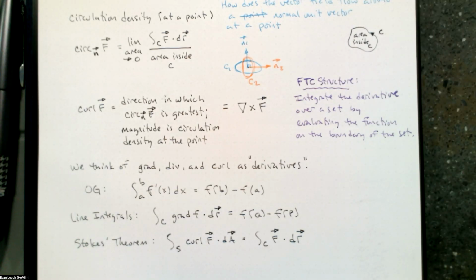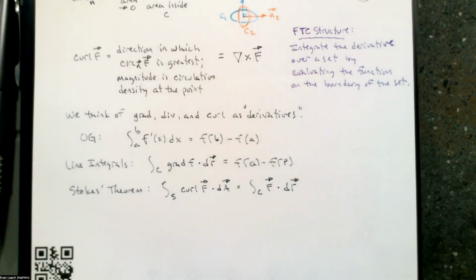We didn't talk completely about the setup for Stokes' theorem. But C is going to be the boundary of some surface S, just like P and Q are going to be the endpoints of some curve C, just like A and B are the endpoints of the interval from A to B.